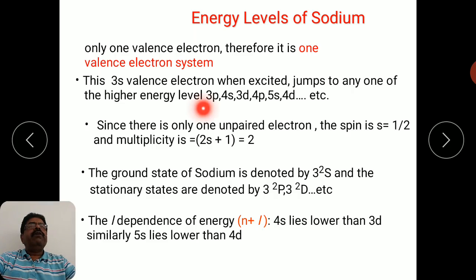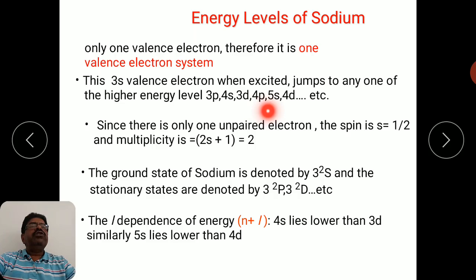For example, while representing the higher energy levels, that means when the electron is excited, it may go to 3p, 4s, 3d, 4p. See the order in which these higher energy levels are represented here. For example, after 3p, it is not 3d that is represented here. Before that 4s comes, then 3d, then 4p comes here.